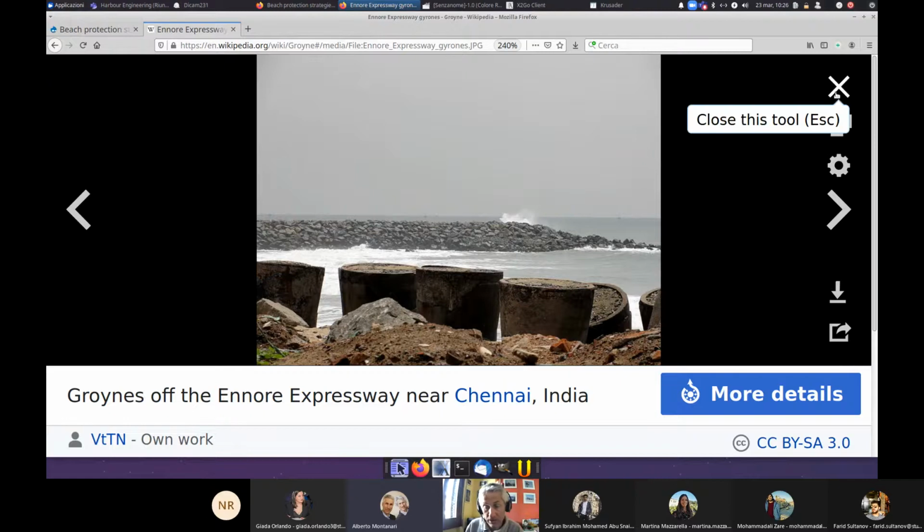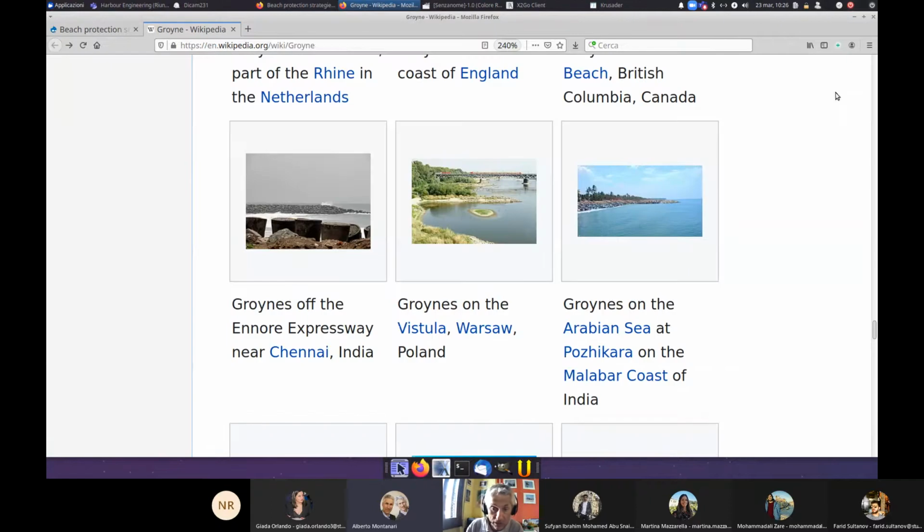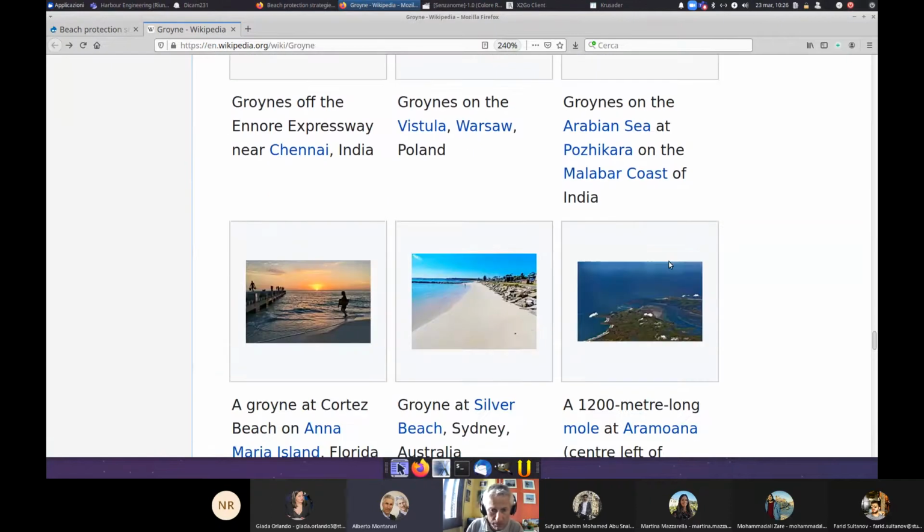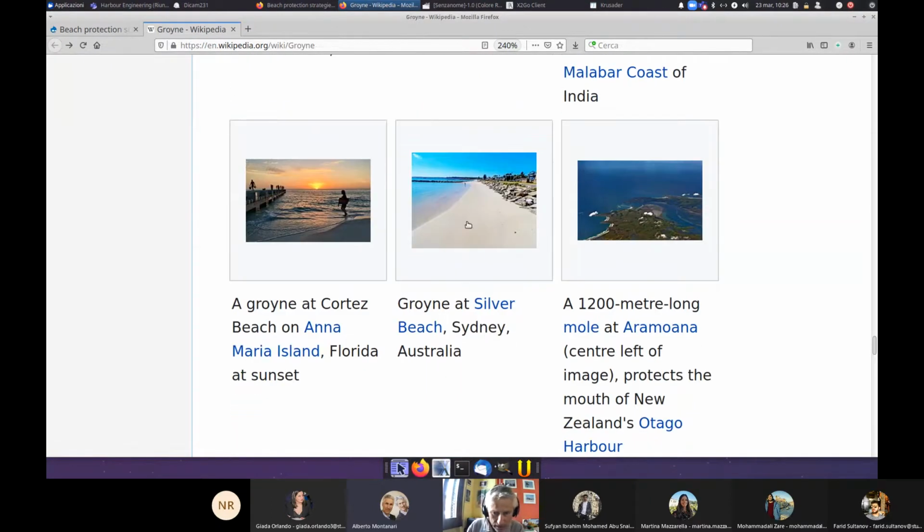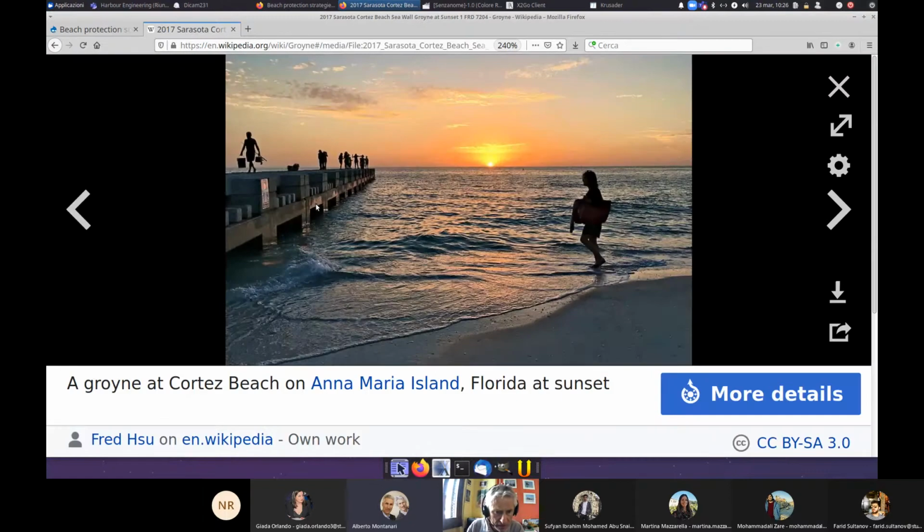Indeed, these groins can also be used, as I said, to protect harbors. And here, let me see this figure. You see a permeable groin. You see these windows. They are introduced in order to mitigate their impact, because they can change the shape of the coastline significantly.